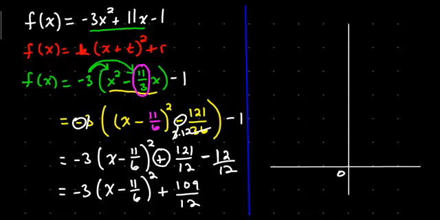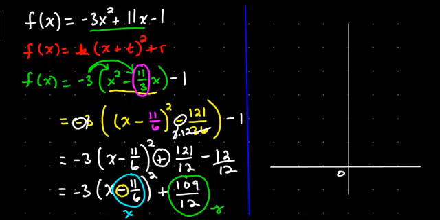The inside here gives me the x coordinate for my vertex, so I know I go over 11 sixths. Here is the y coordinate for my vertex. The negative in there lies to you, so it's actually a positive 11 sixths. So we go over 11 sixths and up 109 over 12.